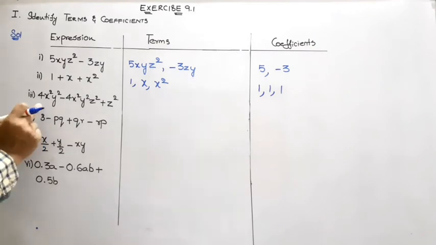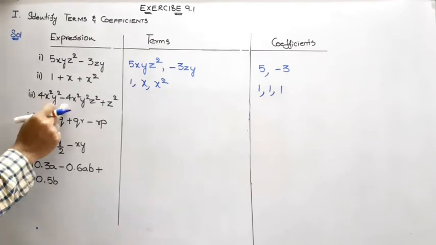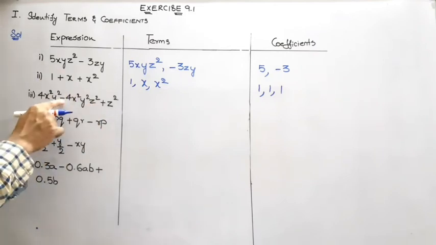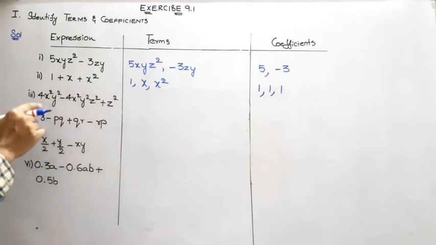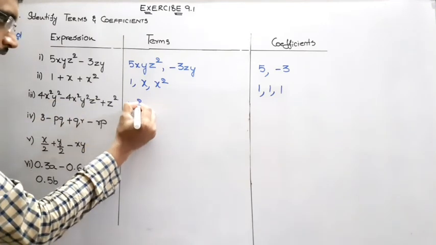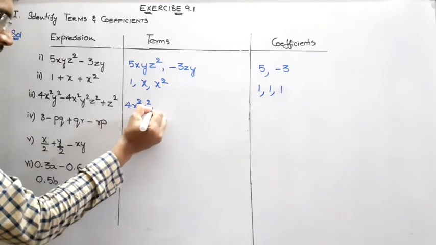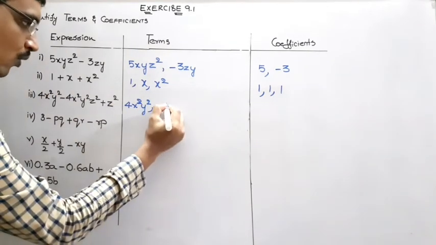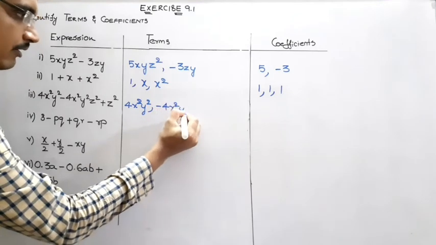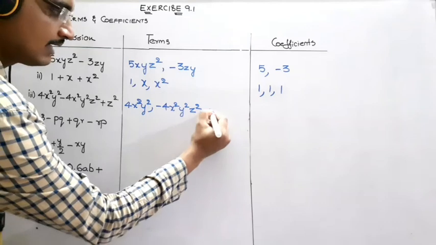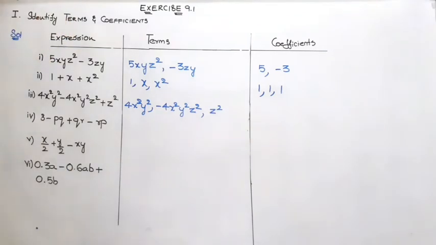Now, the third one, 4x square y square minus 4x square y square z square plus z square. Here minus and plus are separating the terms. So what are the individual terms? 4x square y square is the first term. As I am saying, don't neglect this minus. So minus 4x square y square z square is the second term, and z square is the third term.